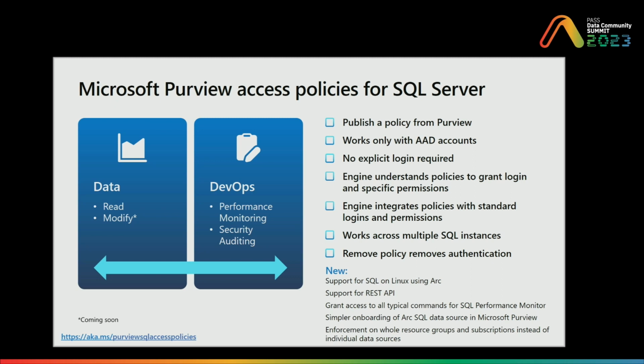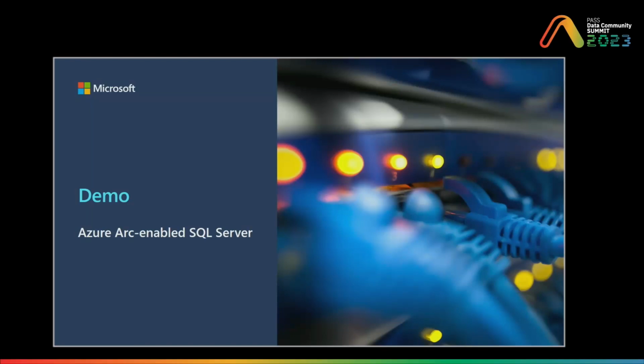It brings that governance. A lot of these features were available last year, but the bottom section has a list of features we added recently around programmatic stuff, adding support for SQL running on Linux, and more importantly, simplifying the onboarding of SQL Server to Purview. So let's quickly take a look at the demo for Arc-enabled SQL Server.